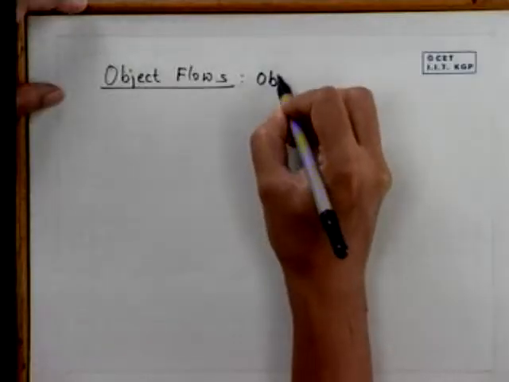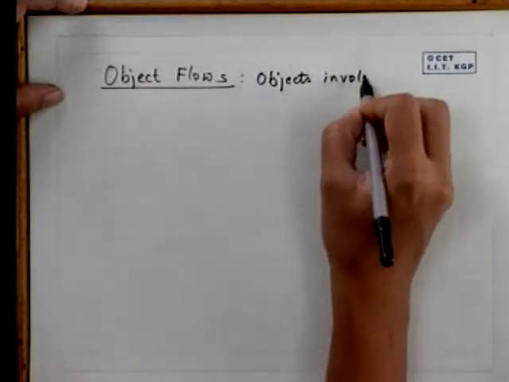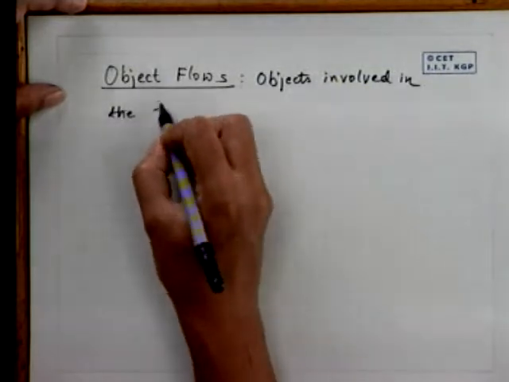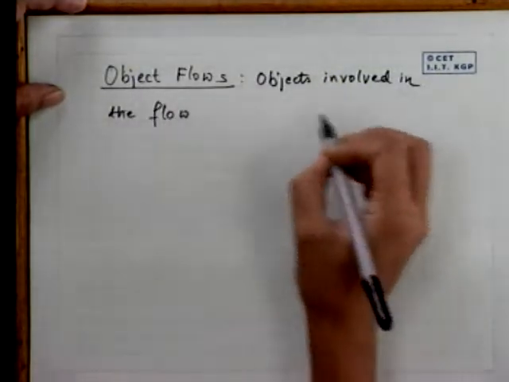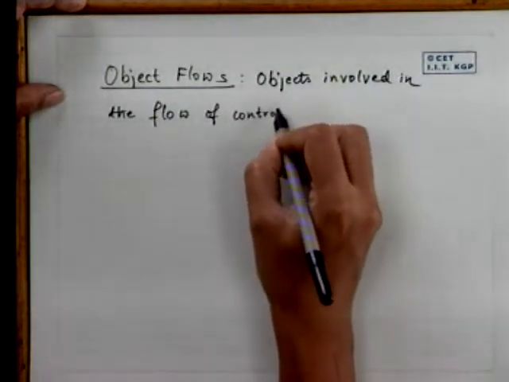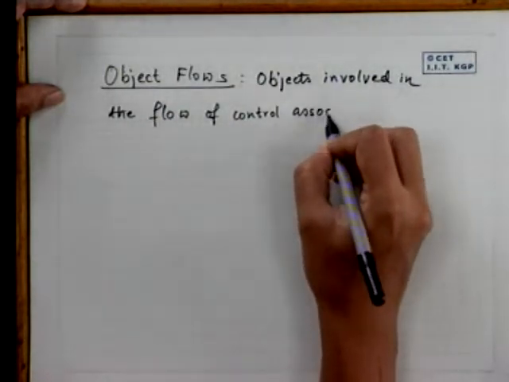Sometimes objects are involved in the flow of control in an activity diagram. Objects are involved in the flow of control associated with an activity diagram.